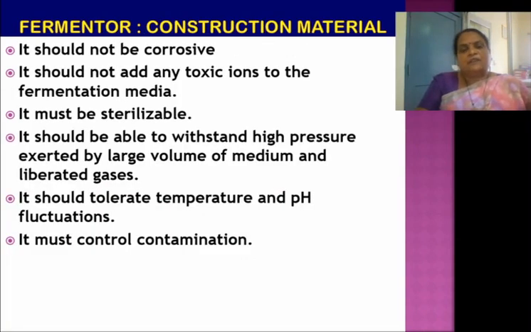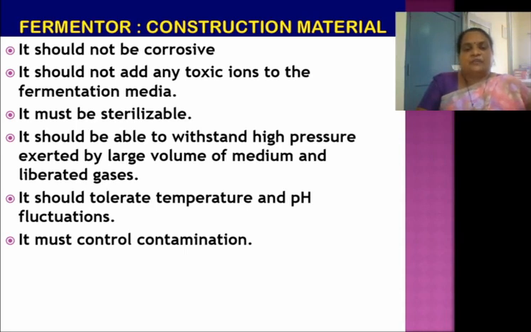The construction material for fermenter is very important. Selection of construction material should be based on some criteria. The criteria are: the material should not be corrosive, it should not add any toxic ions to the fermentation media, the material for fermenter must be sterilizable. We sterilize the fermenter by using steam under pressure, so it should be sterilizable.